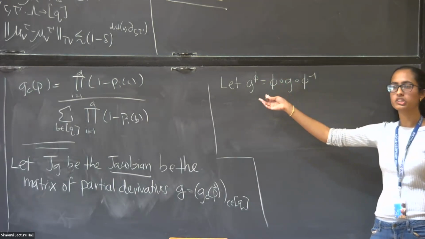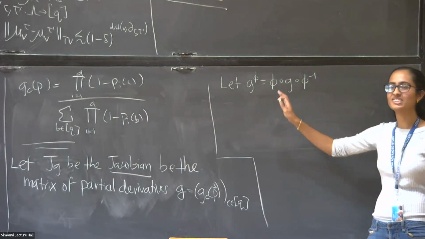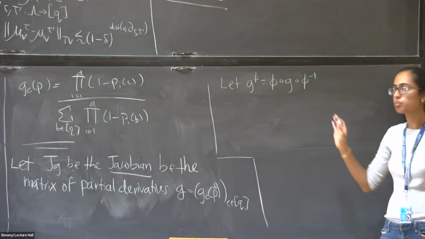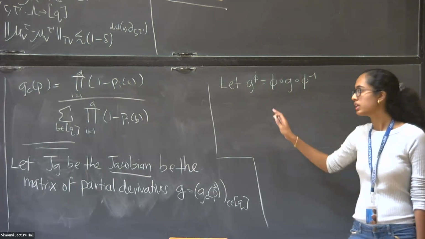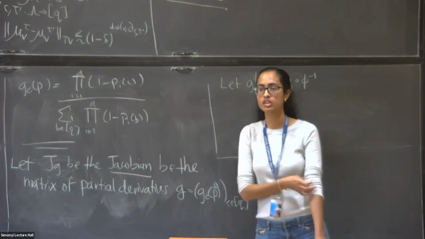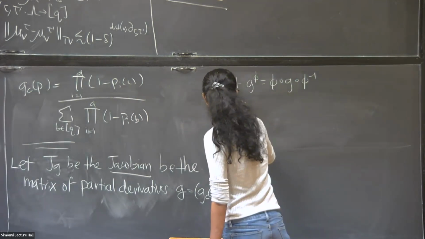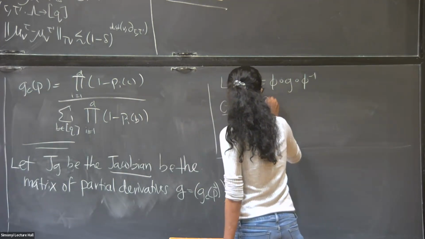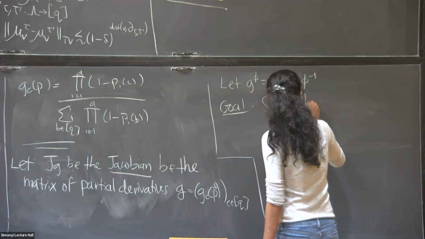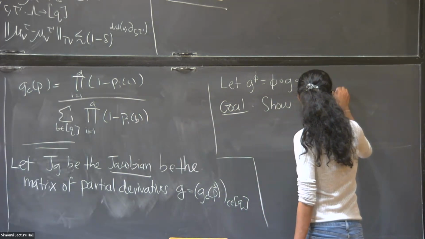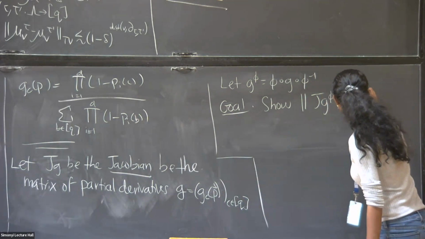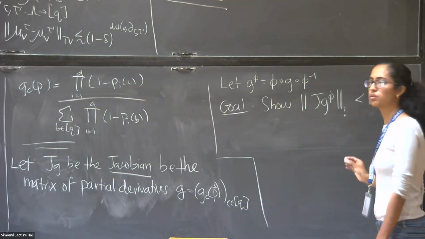As long as we conjugate with a reasonably smooth function, smooth inverse, everything like that, we can work with this function instead of our actual message recursion. We're going to try to find some function, and our goal is to show that some suitable norm of this thing is smaller than 1 minus delta.